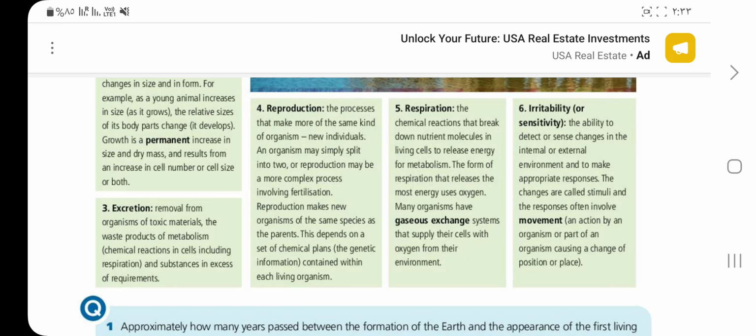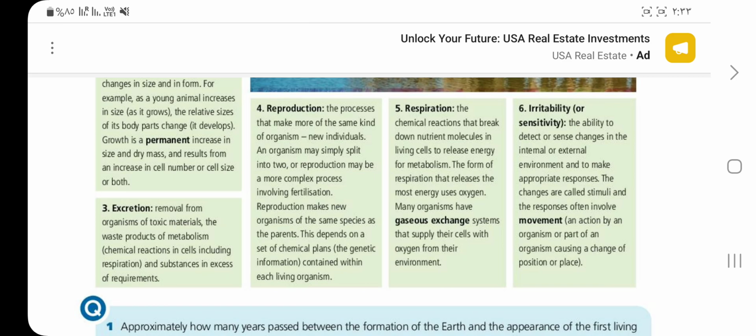So reproduction makes new organisms of the same species as the parents, and it depends on a set of chemical plants.